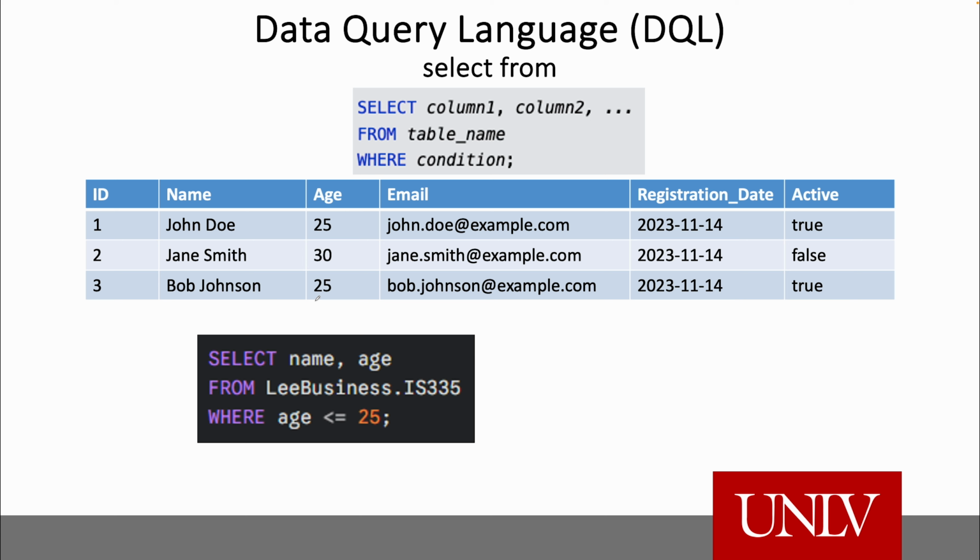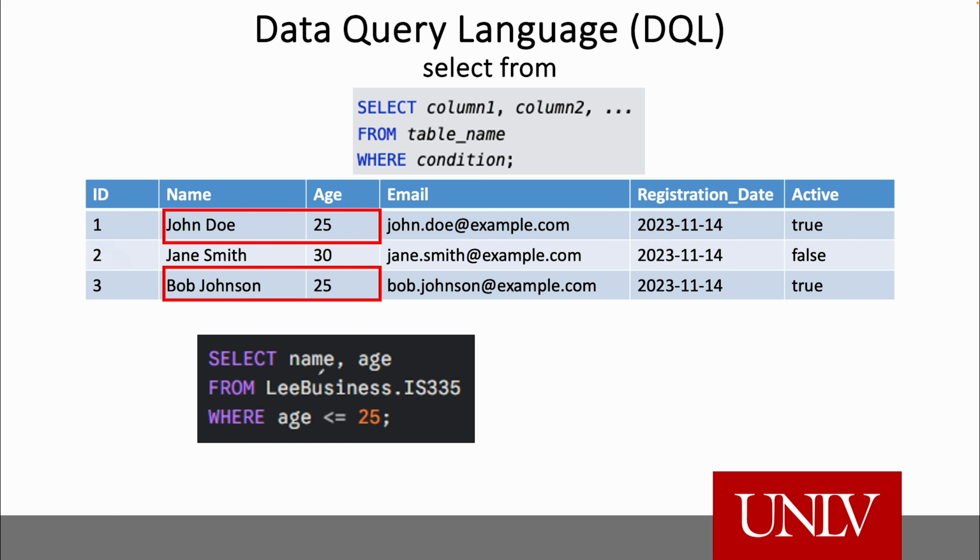For example, if you want to know who is less than or equal to 25 years old, let's see in this data set. We're looking at the age column to find out who is 25 or less. Obviously the second record will be eliminated, since it's 30 years old, which is more than 25. So only two records fulfill this where condition.